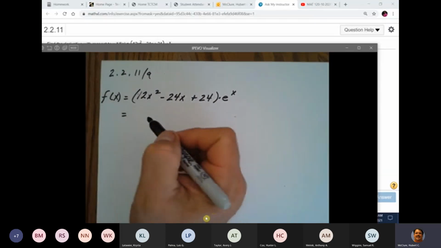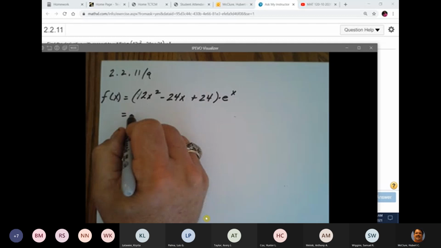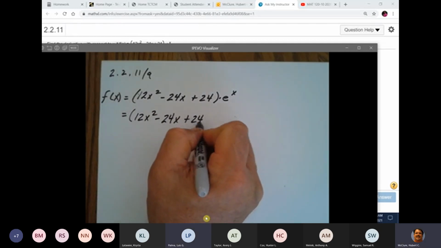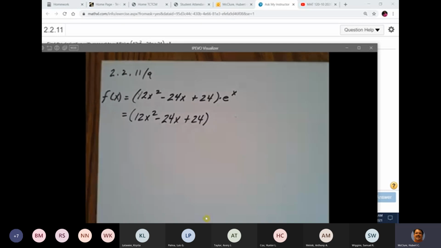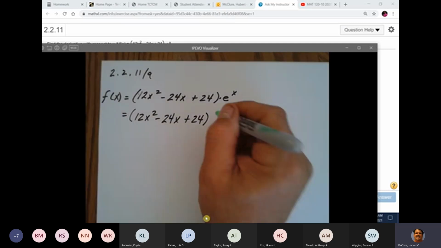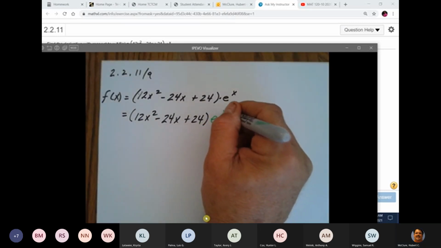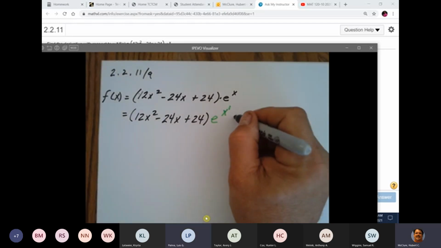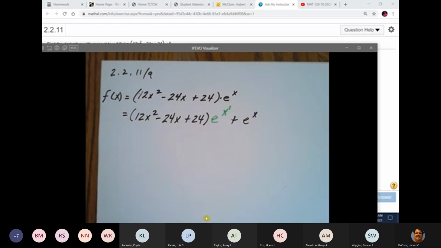All right. So first times the derivative of the second plus the second times the derivative of the first.